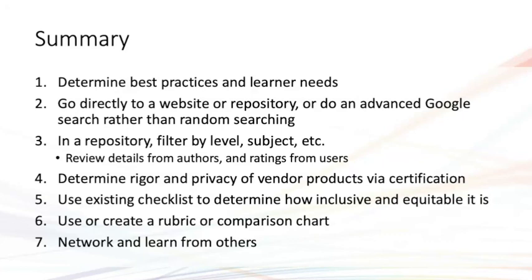You can determine the rigor and privacy of vendor products by looking for certifications from that ISTE website that was shared earlier. You can use existing checklists also shared to determine whether or not that app is inclusive or equitable. And you can use or create your own rubrics or comparison charts to evaluate tools in a way that is customized for you and what your needs are and what you want the learners to be able to do.